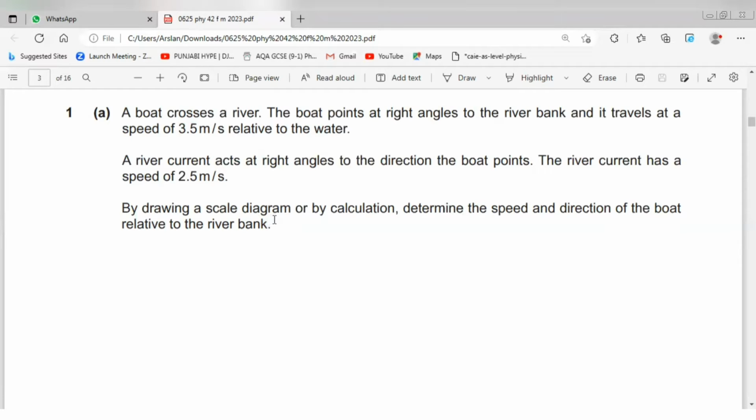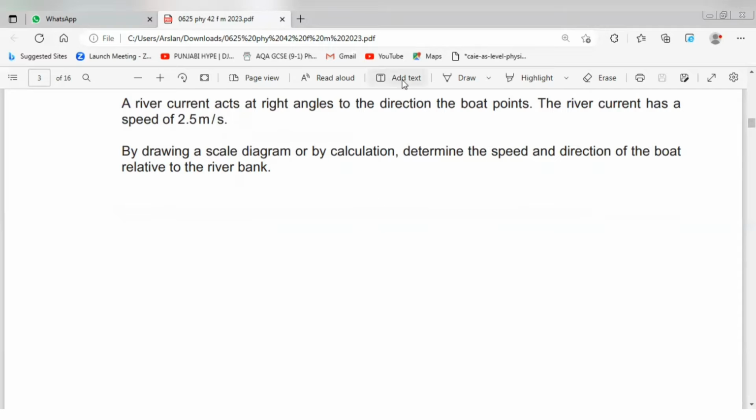By drawing a scale diagram or by calculation, so you can adopt two methods: scale diagram or calculations. Determine the speed and direction of the boat. So you have to find the resultant speed and angle of the boat. Let's suppose we will do it by the scale method. The boat speed is 3.5.